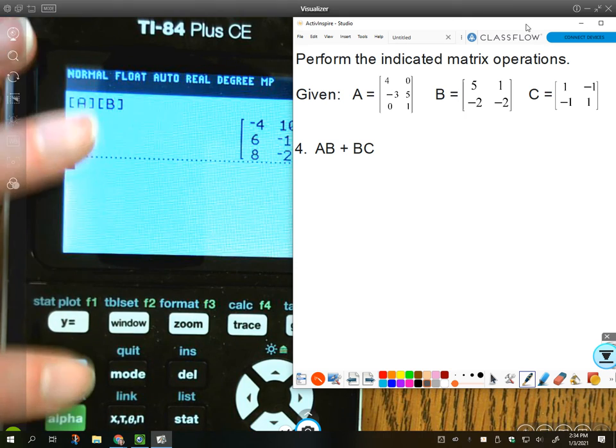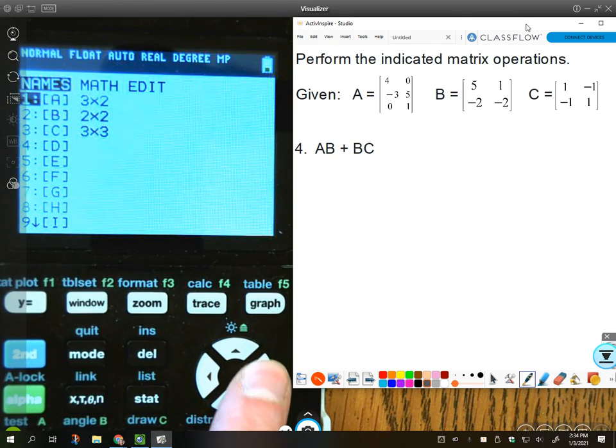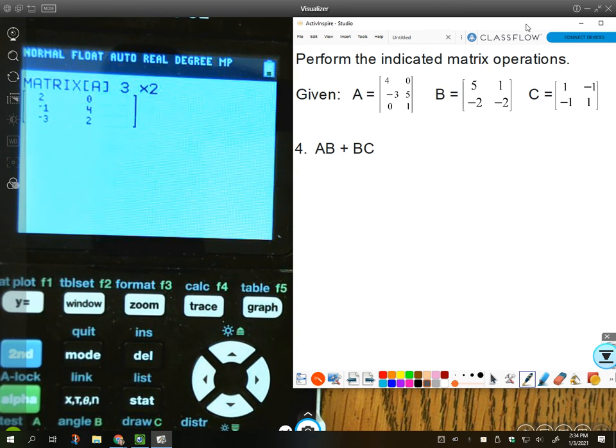Okay, so going back to matrix, we're going to edit, and I'm going to do them correctly this time. We're saying that matrix A is a 3 by 2, and then we have 4, 0, -3, 5, 0, 1.